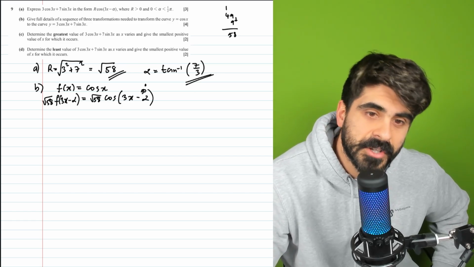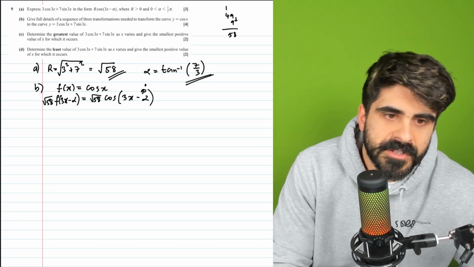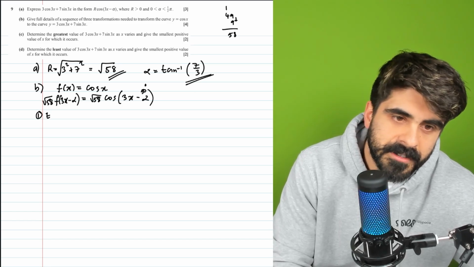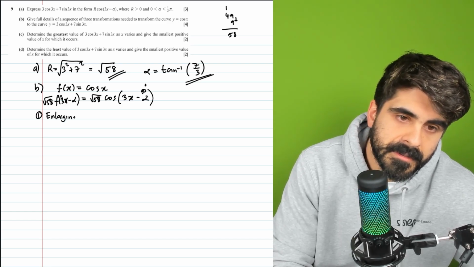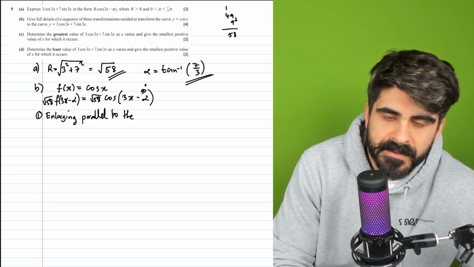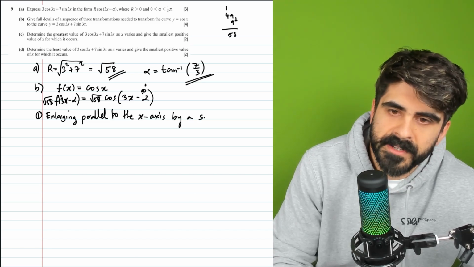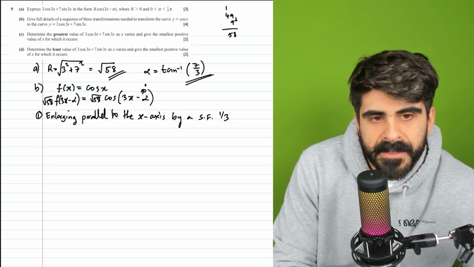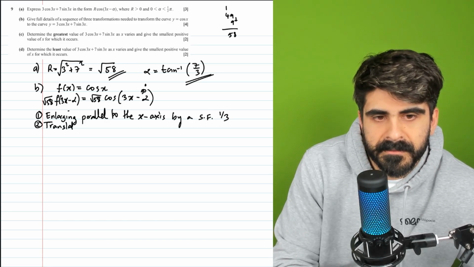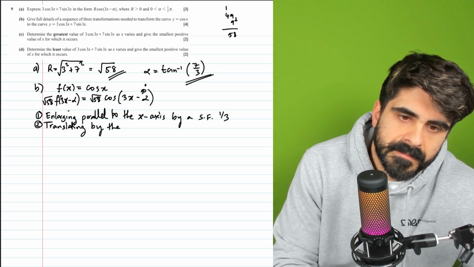Okay, so we're going to the full details of the 3. The first one is we are stretching or enlarging parallel to the x-axis by a scale factor 1/3. Then 2, we are translating by the vector.